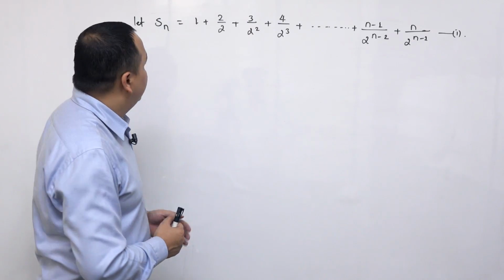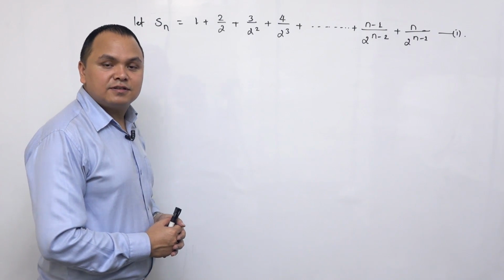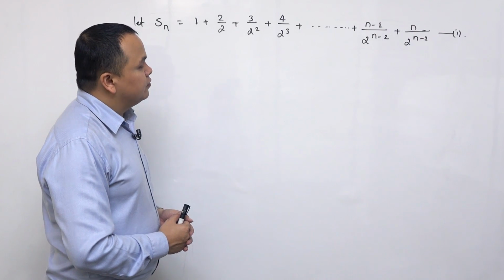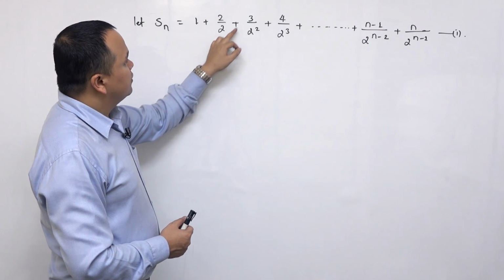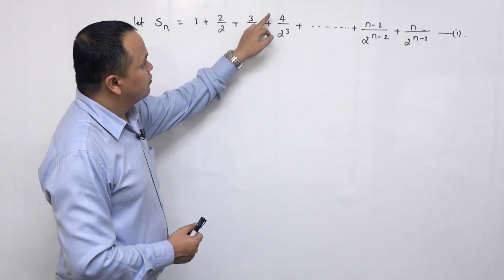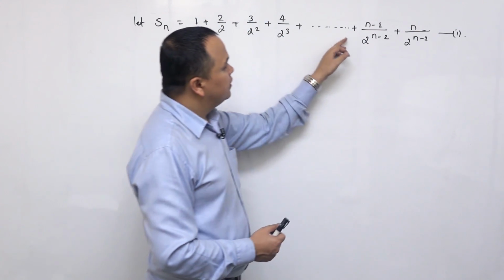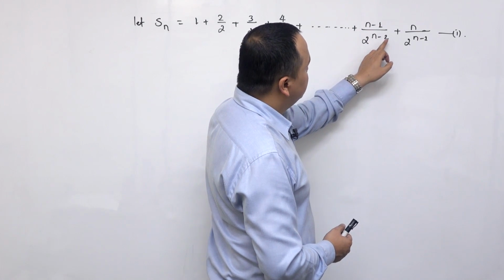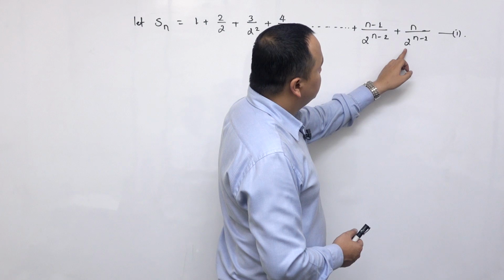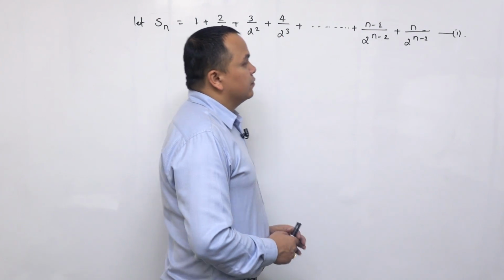So, let Sn be the sum of first n terms. Sn is equal to 1 plus 2 by 2 plus 3 by 2 square plus 4 by 2 cube plus dot dot dot n minus 1 upon 2 to the power n minus 2 plus n upon 2 to the power n minus 1.